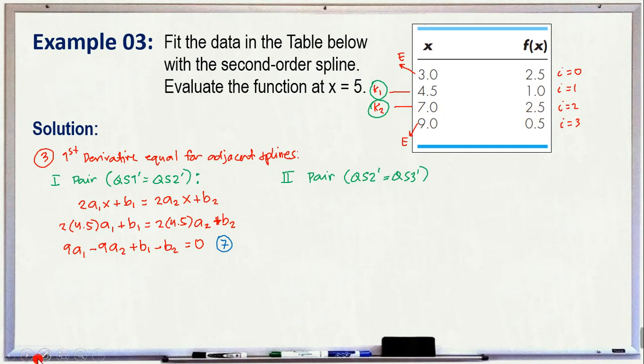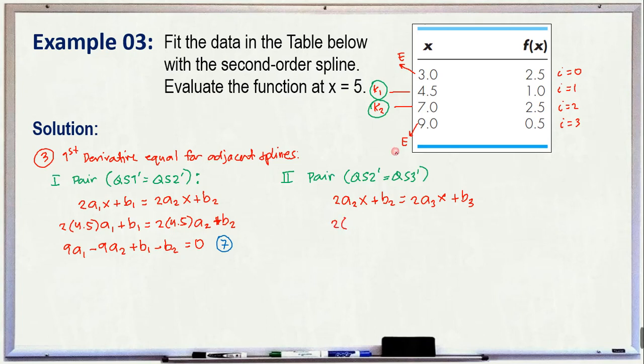Same thing: the derivative of quadratic spline 2 is 2 a sub 2 x plus b sub 2, equal to the derivative of quadratic spline number 3, which is 2 a sub 3 x plus b sub 3. We evaluate it at the second interior knot.